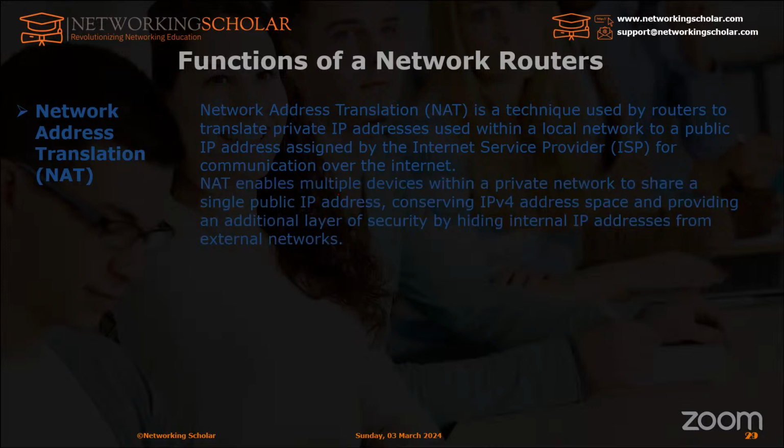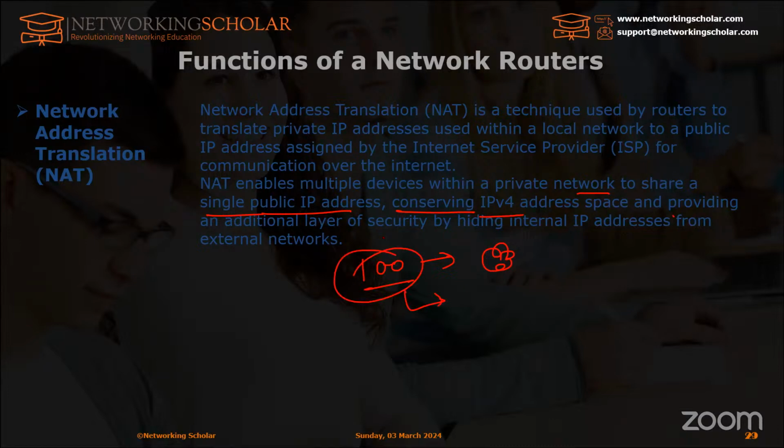NAT also allows multiple devices with private addresses to share a single public IP address, conserving IP address space. Suppose we have 100 users and all of them want to communicate with a publicly available website, then we would require 100 public IPs. If we are using NAT, the problem is resolved. Only one public IP is required to communicate for these 100 users at a single time.